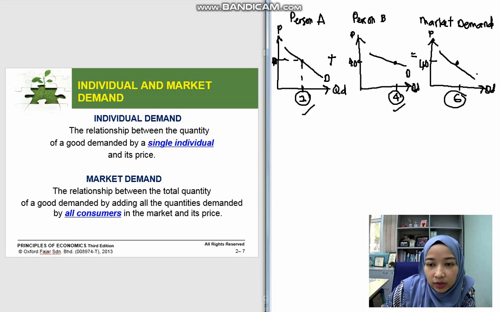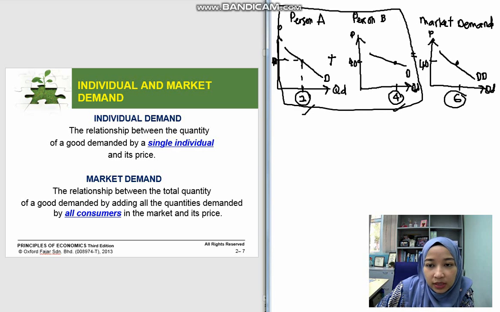So you have the market demand, I put it as capital D, to show that it is the demand made by all consumers in the market. So that is the difference between individual demand, which is here, and market demand, which is demand made by all consumers in the market.